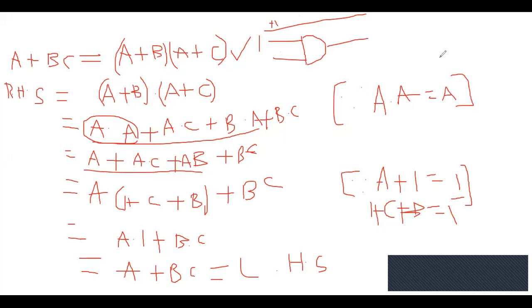If you draw many times, then you will understand this. From the next class onwards, we will go faster. So A plus BC: from here A, from here BC. Which operation? Plus operation means OR gate.